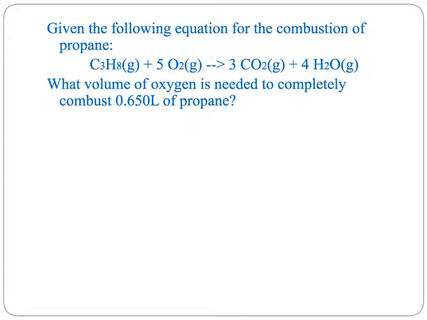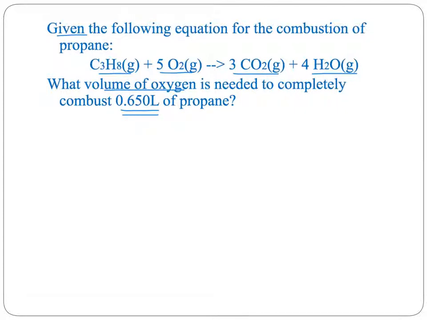So to give an example of that, we have this problem for the combustion of propane. Again, this is a given problem so it's already balanced: propane reacts with oxygen and then produces carbon dioxide and water. And so the question is, what volume of oxygen is needed if you're going to combust this volume of propane, 0.650 liters.